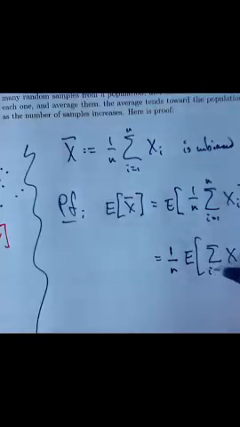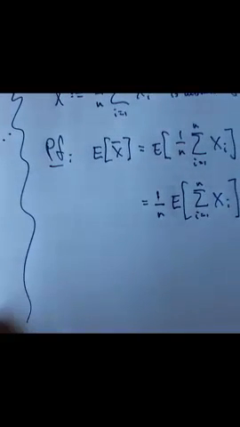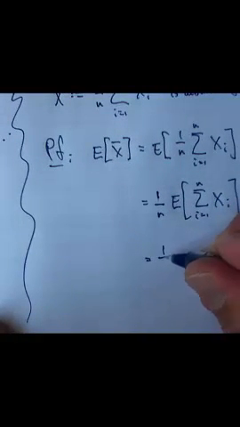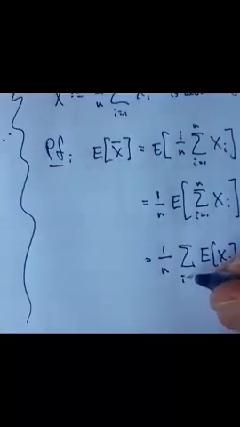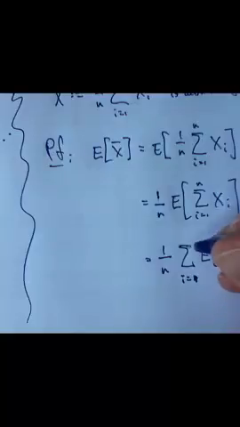Now, as we said before, the expected value of a sum is the sum of the expected values. That just follows from properties of summations and integrals. So I can write it like this, from 1 to n.